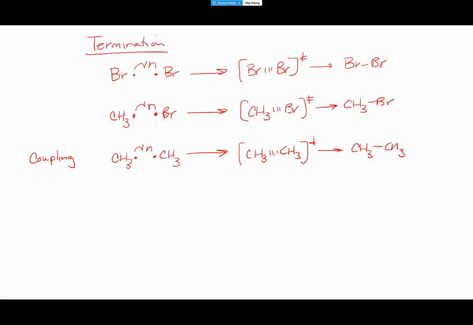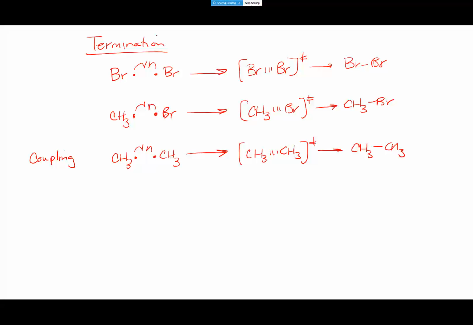It wouldn't be a lot, because these radicals, as they're floating around in solution, have to come close together to react. When you make a CH3 dot, it's most likely to find a Br2 and do a reaction. But these three termination steps are how we stop the process. So those 6 steps are the way you write the mechanism.